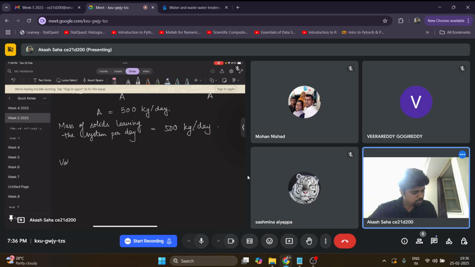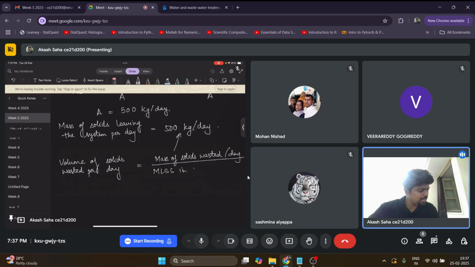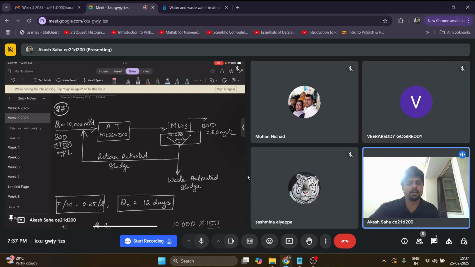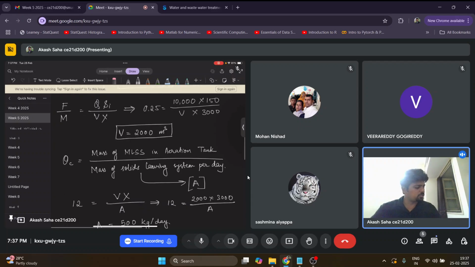So volume of solids wasted per day will be equal to the mass of solids wasted per day, the same thing, divided by the MLSS in the underflow sludge. Underflow sludge MLSS means the MLSS in the secondary clarifier.